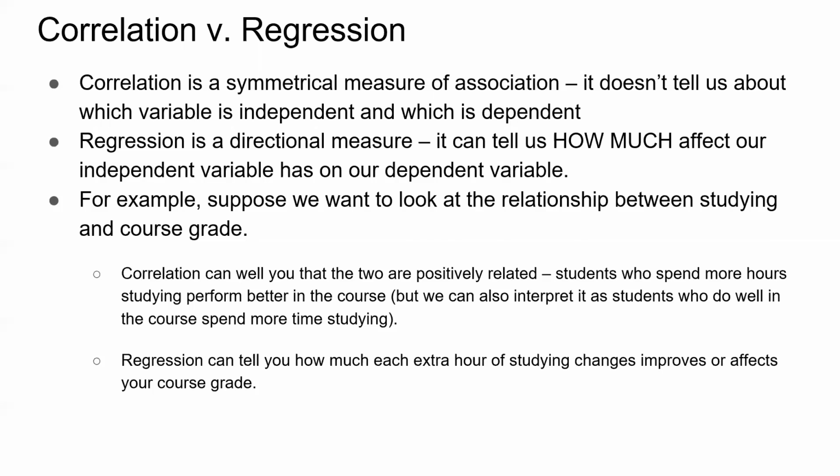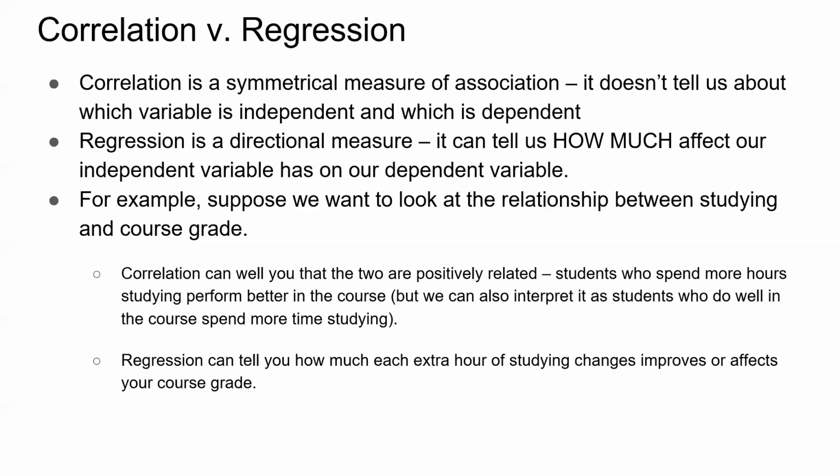If you switch which variable is X and which variable is Y in the calculation of correlation, it doesn't change anything about the calculation or the outcome, because it doesn't tell us about the nature of that relationship, the causal connection between those variables. It just tells us that as one variable changes, the other variable changes in a predictable way.